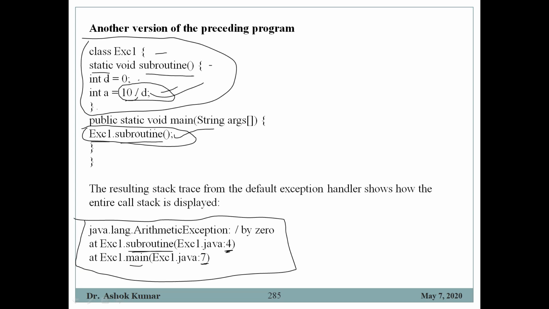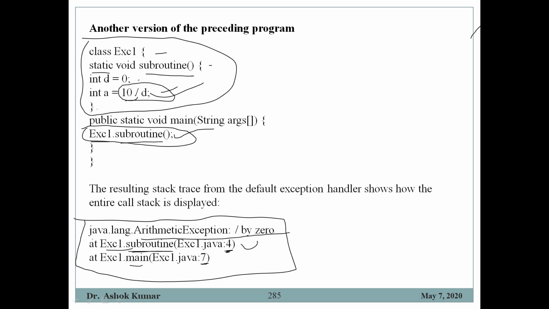So it's giving us this output, the arithmetic exception, divide by 0. This is the kind of exception that has occurred. And this exception occurred at line number 4 in the subroutine method of the exe1 class.